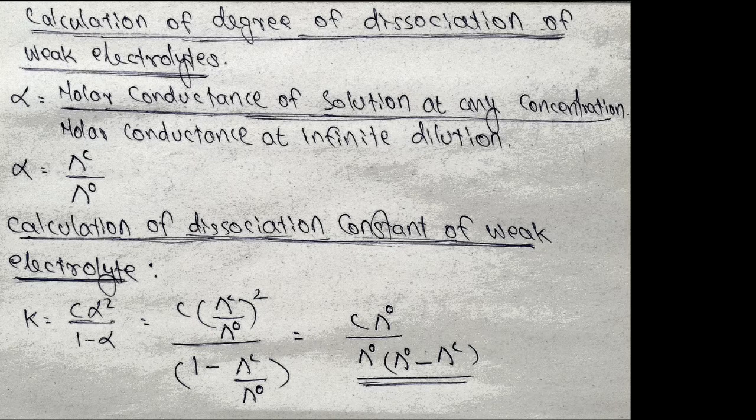We already discussed that alpha equals Λc divided by Λ0. Substitute this value over here and we will get the final equation: K equals C Λc squared divided by Λ0 times (Λ0 minus Λc). Here C means the concentration of the solution, or concentration of the weak electrolyte.